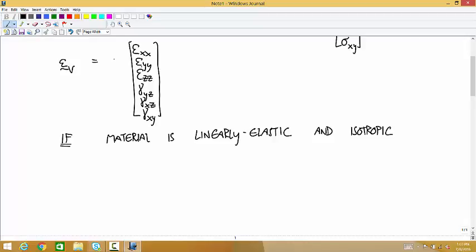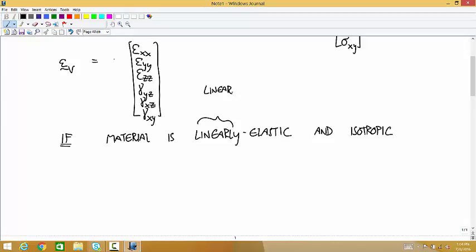I talked about the linear relationship between stress and strain. I think I actually glossed over, I don't think I used the word elastic yet, or at least didn't define it. But this whole class is based on the idea of elasticity. So linearly means, mathematically, it's a linear relationship between stress and strain.